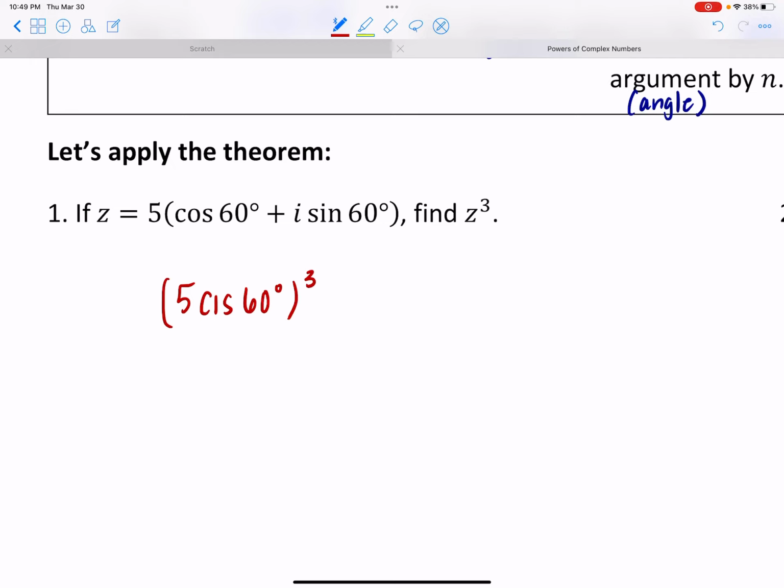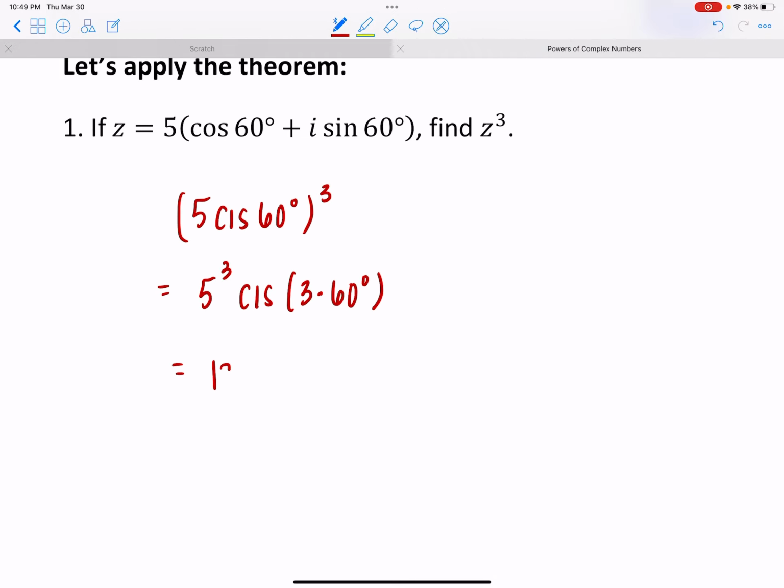So again, I want to cube the 5, so 5 is going to be cubed, and then I want to multiply my angle by that power, so 3 times my angle, which means I'm looking at 5 cubed is 125, and then it's going to be cis 3 times 60, which is 180 degrees.